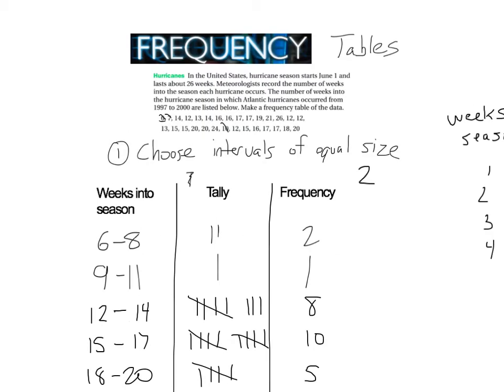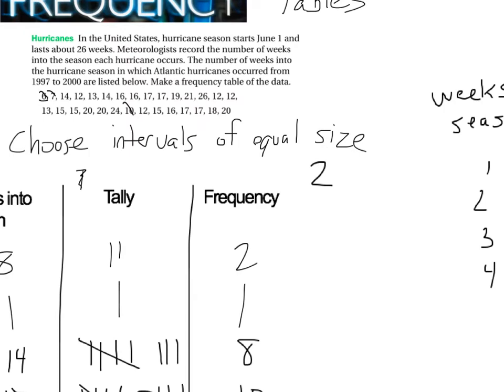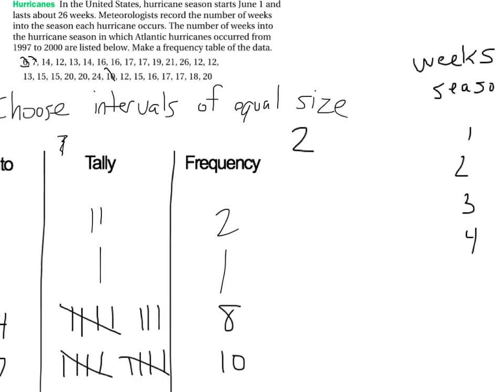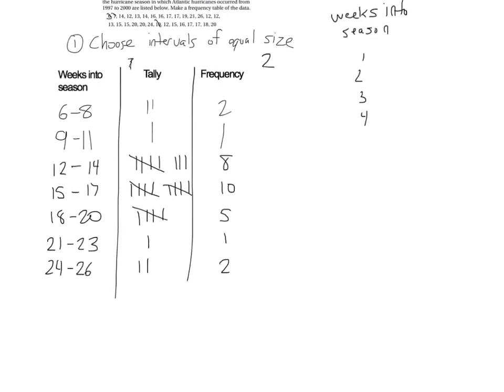So if hurricane season starts June 1st, and it goes about 26 weeks, well, then, man, 6 to 8 weeks in, we really can't even expect that much. So if it starts June 1st, 6 weeks after June 1st is like the middle of July, more or less.